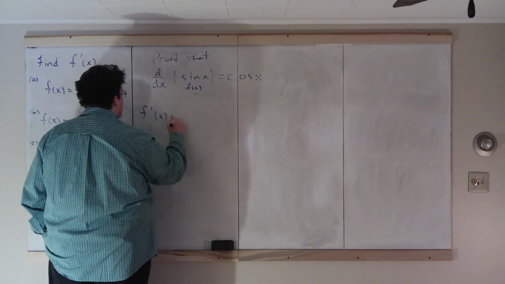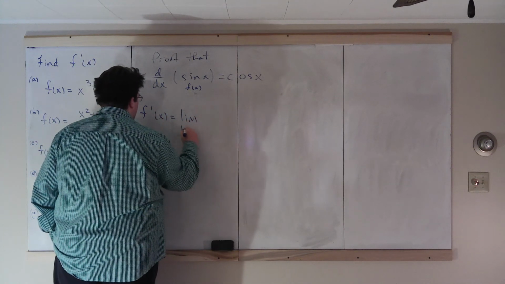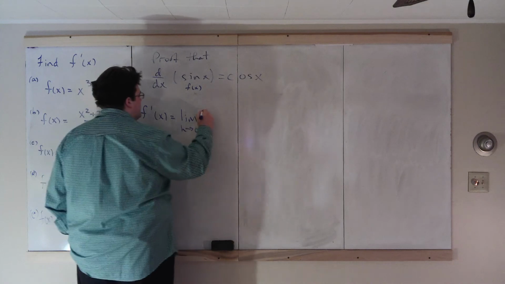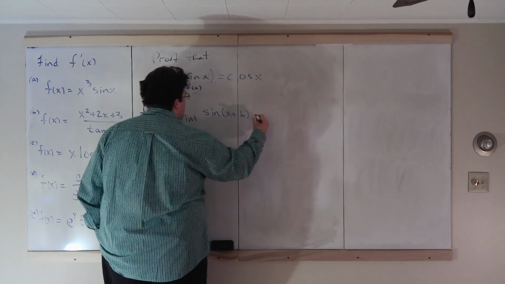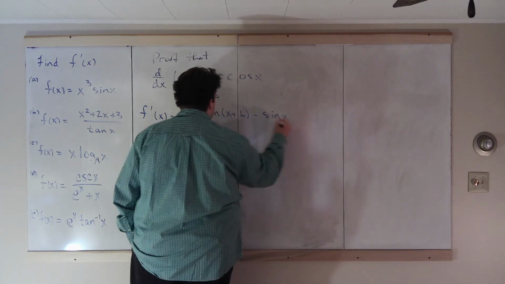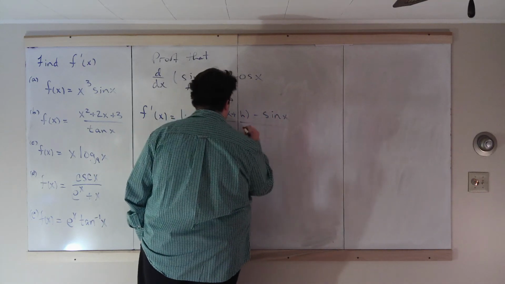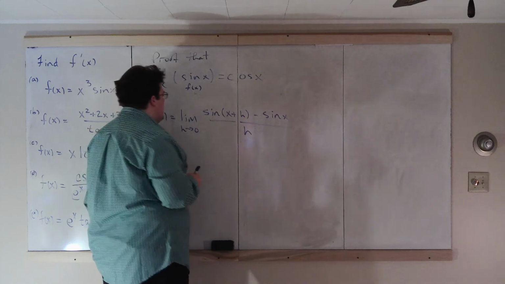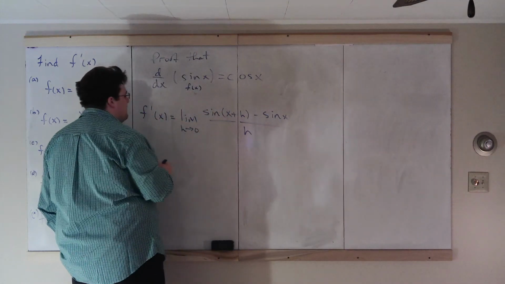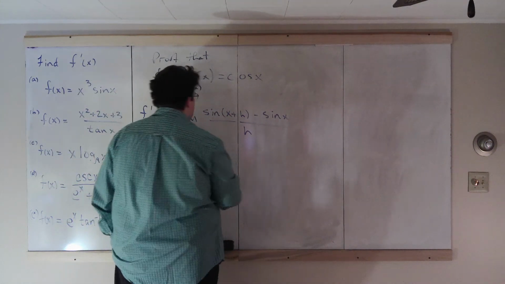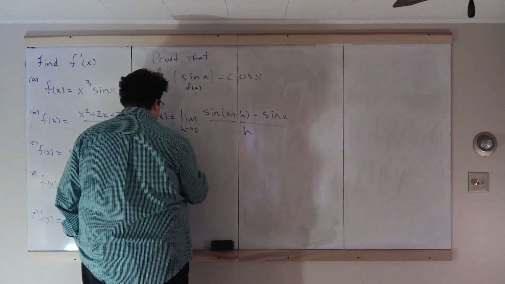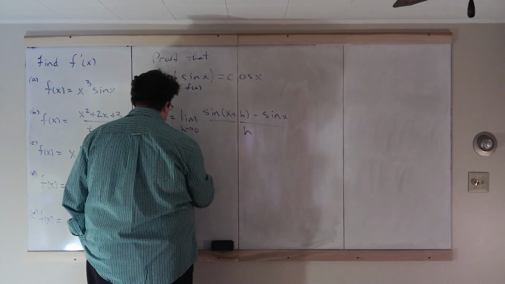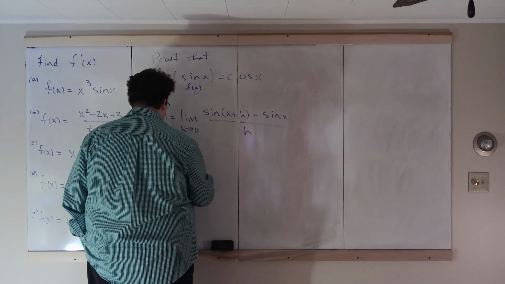F prime of x, limit as h goes to 0 of f of x plus h, sine of x plus h, minus f of x, so minus sine x, all over h. Well, we can split this sine of x plus h up using a trig identity, which we haven't discussed yet, which you don't need to know.